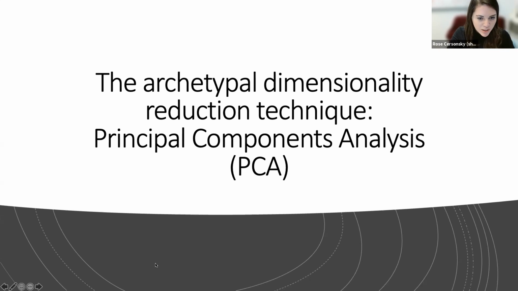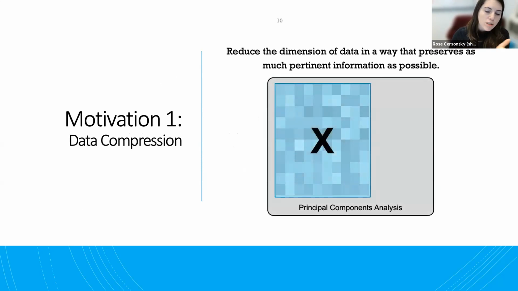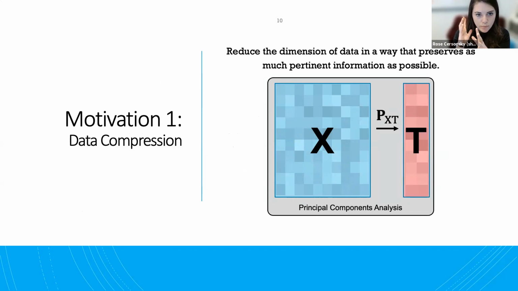The rest of you. PCA is the archetypal method because it is based on data compression. So PCA is towards that first goal: reduce the dimension of data in a way that preserves as much pertinent information as possible. In PCA, we're essentially trying to take our data matrix and translate it into some latent space projection such that when we translate it back, we have lost as little information as possible.